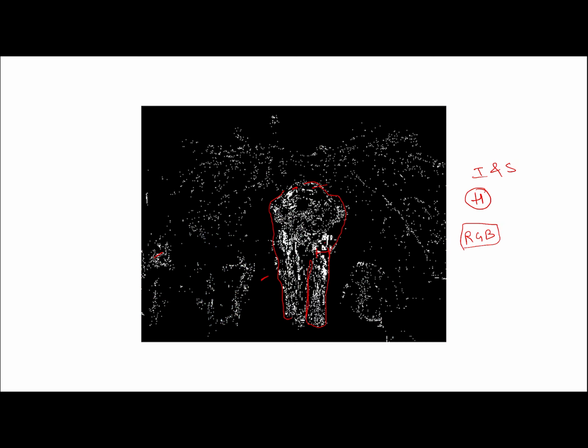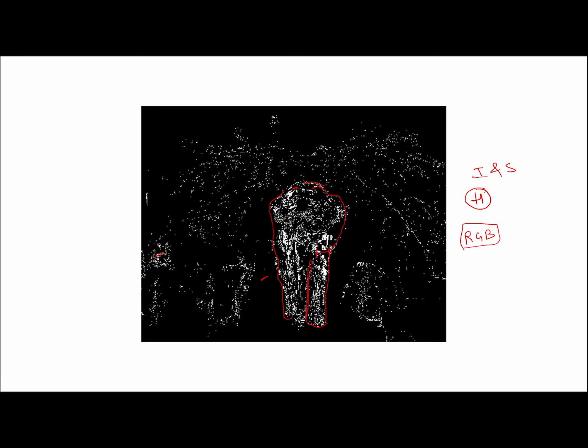So what we do is we first convert this RGB image into an HSI image, then we identify a range in which the hue belonging to this elephant lies. Once we identify the range of the hue of the pixels belonging to this elephant, we can select those pixels and ignore others.